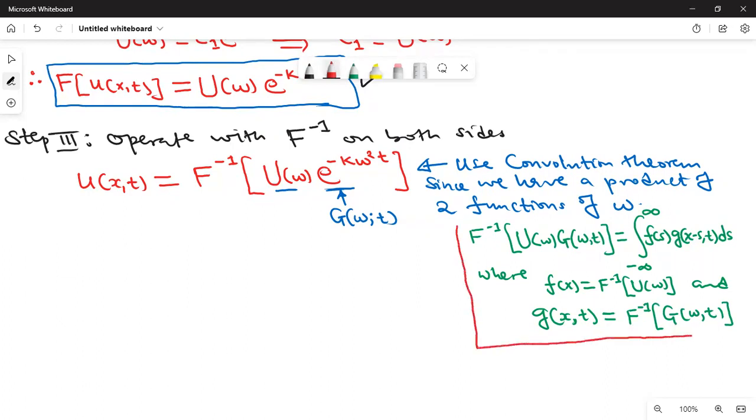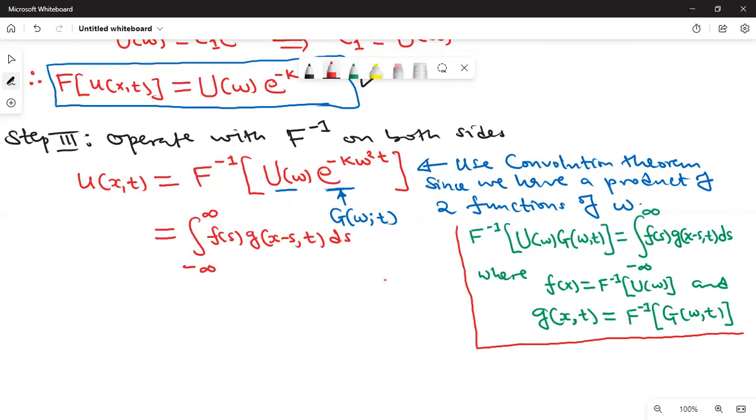Let me bracket it that way. So therefore, we expect that this can now be written as the integral from negative infinity to positive infinity of f of s times g of x minus s, t ds.